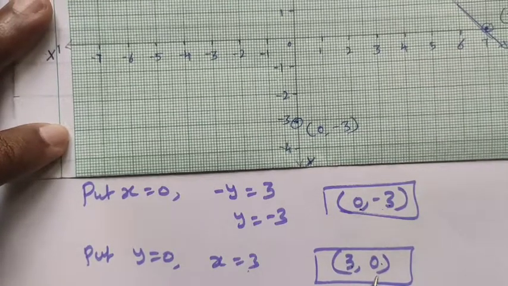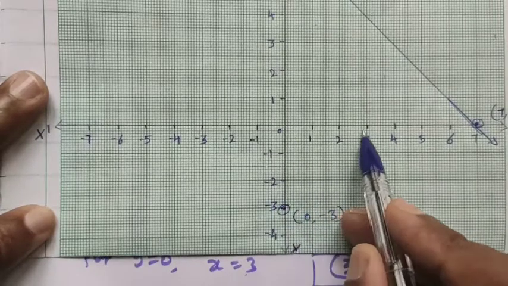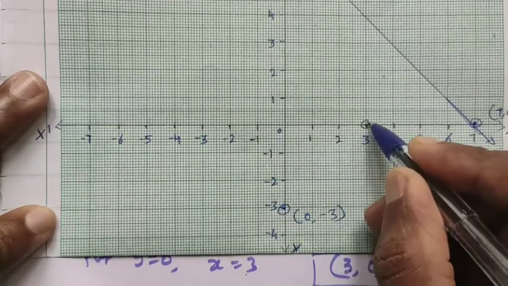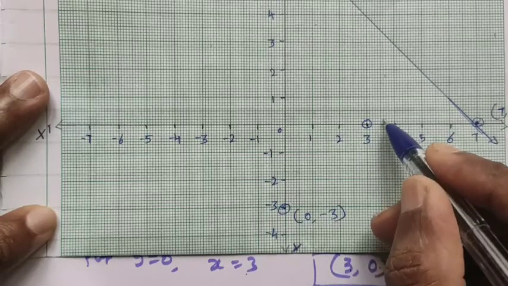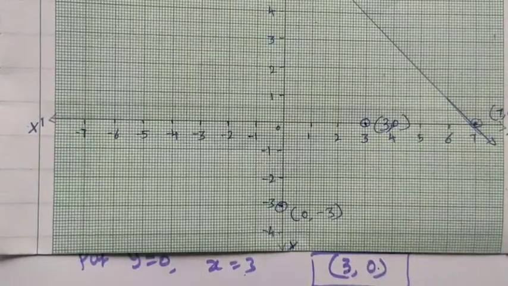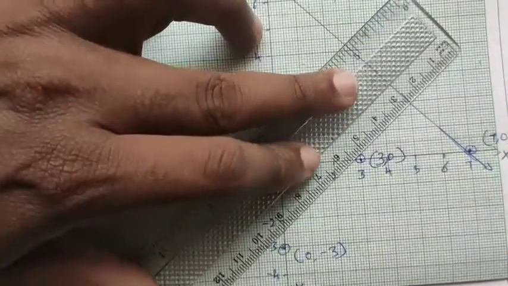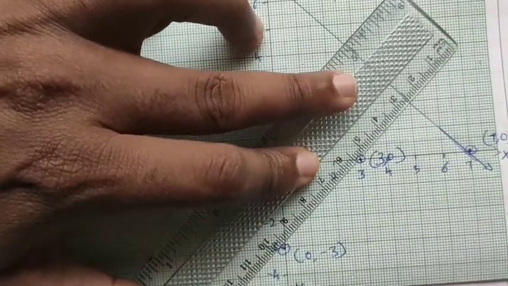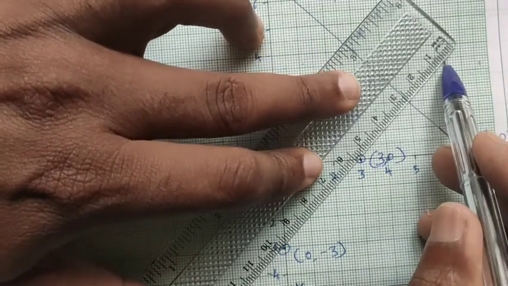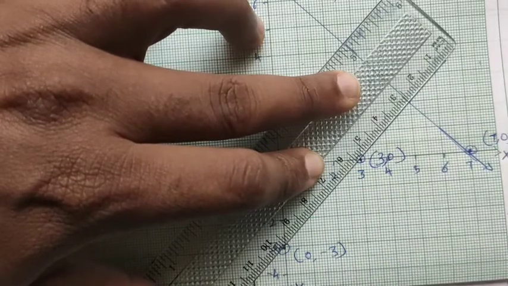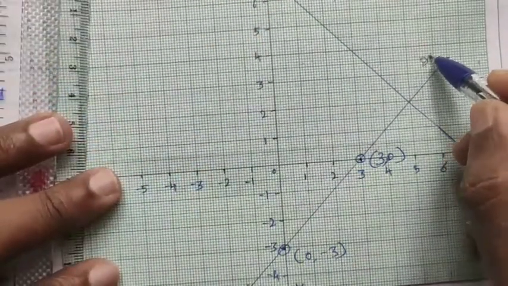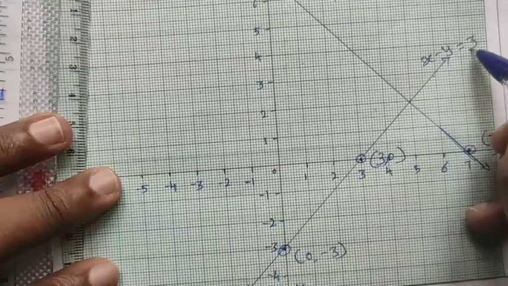X is 3, y is 0, which means the point lies on the x-axis, 3 comma 0. By using these 2 points we can make a straight line. So this line of equation is x minus y is equal to 3.